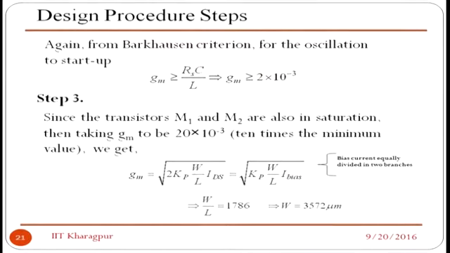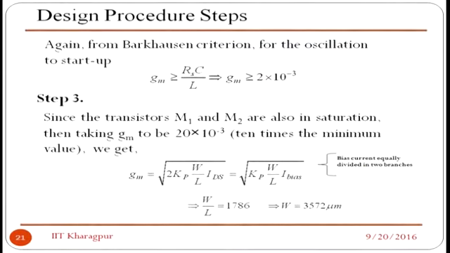Then coming to the Barkhausen criterion, GM must be greater than RS C by L, and from there you calculate the transconductance of your transistors, which form a cross coupled pair. That transconductance is equal to 2 into 10 to the power minus 3, assuming that criterion, and I say it should be 10 times that, much higher. So within 10 times, it becomes 20 into 10 to the power minus 3.